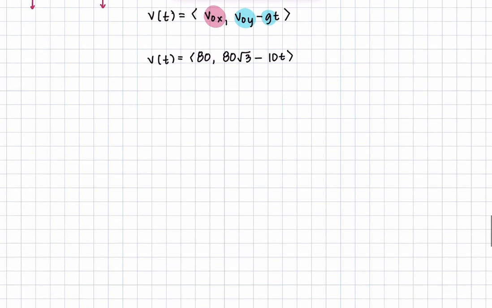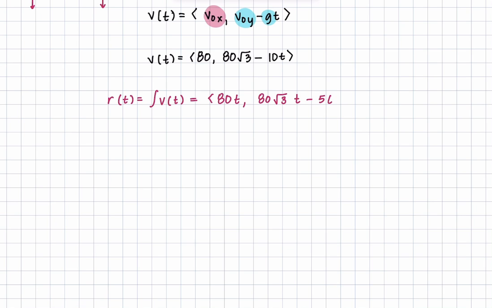To get position, we're going to have to integrate this. When we integrate, our position function is the integral of velocity. So that's going to be 80t, 80 root 3 times t minus 5t squared. So this is our position function.